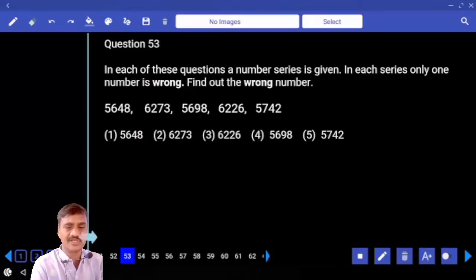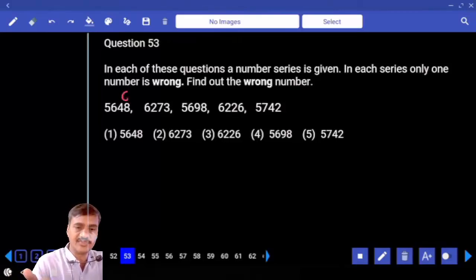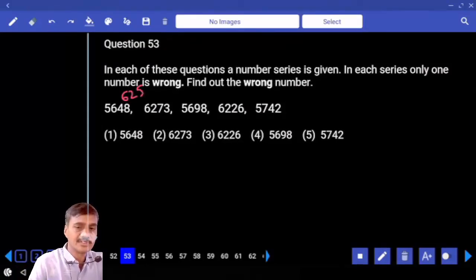Next 5648, 6273 difference చెప్పాలి. 5648 and 6273 difference ఎంత? 5648కి ఇంకో 600 కలపండి, 6248 అయింది. 6248 and this one, the difference between these two is so much? 625. సరిపోయిందా లేదా?